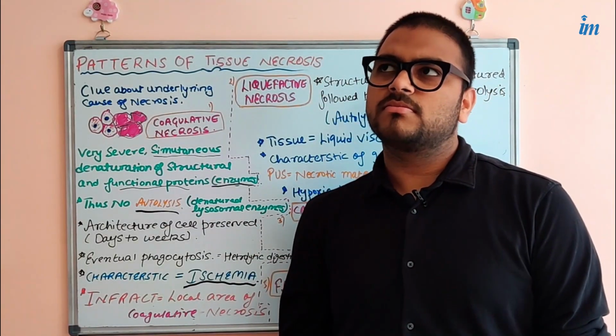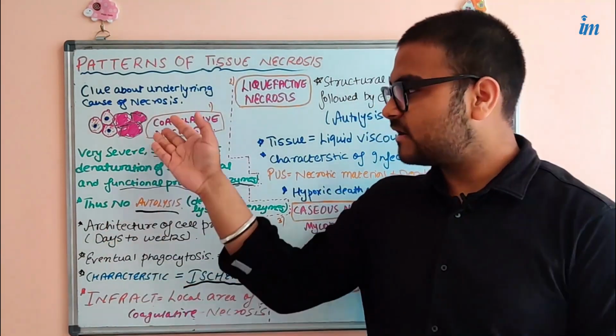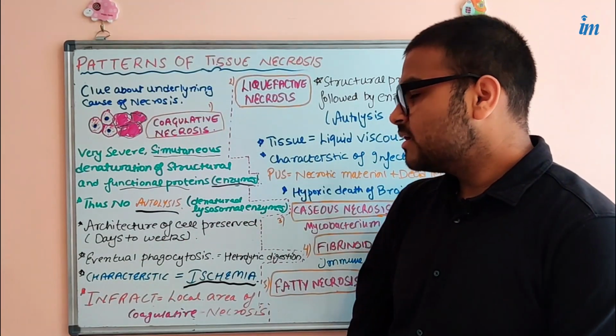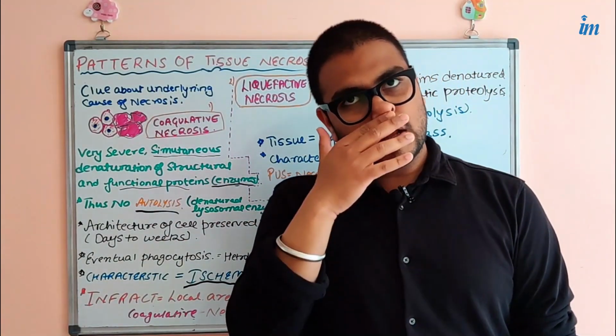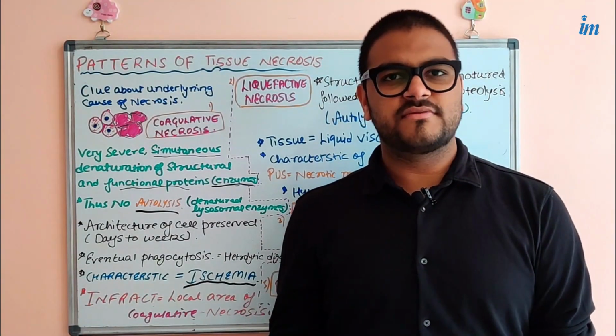Same is with ischemia occurring to the kidney nephron. The same pattern will be seen, coagulative necrosis. So the other thing I would like to discuss is that we often come across the term infarct. What is infarct?